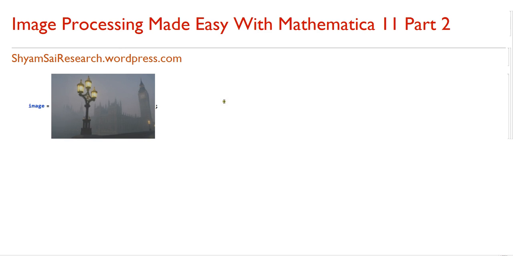So let's start with what is image processing. Image processing is the analysis of the statistical properties of an image. So say we have an image right here. My favorite place in the world, besides Paris, is London. So here's a picture of Big Ben from Westminster Bridge. And of this picture, there's a lot of data we can get out of it, right?